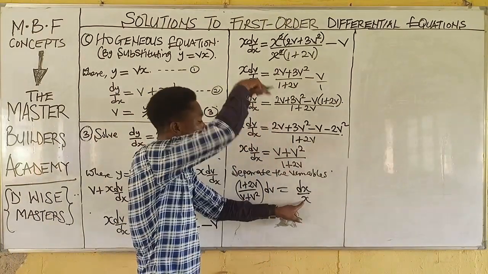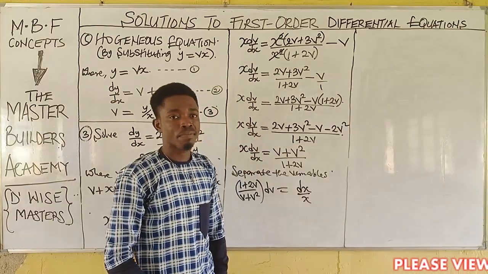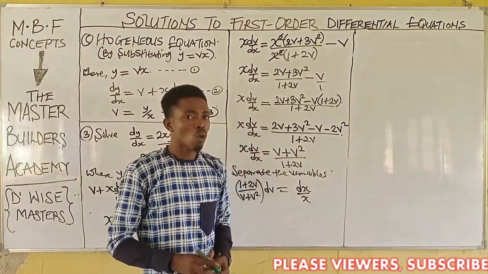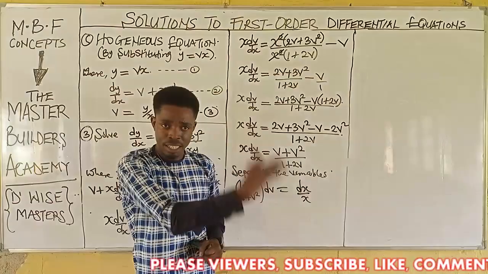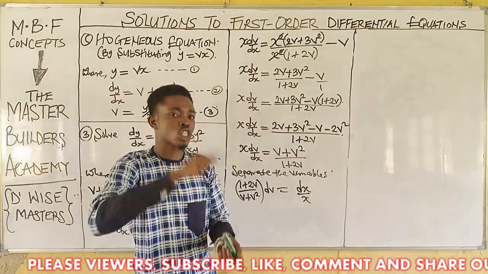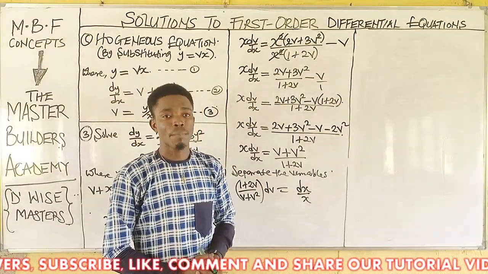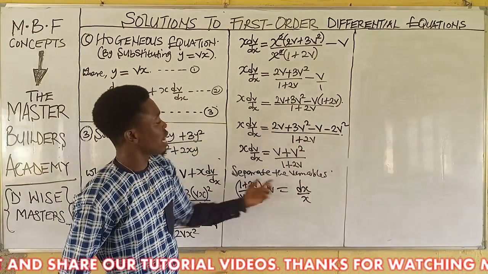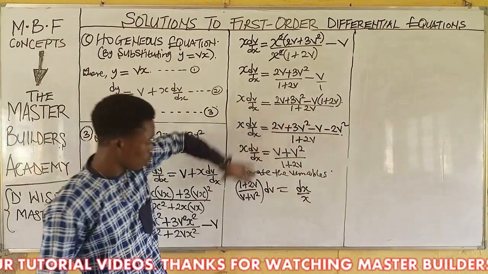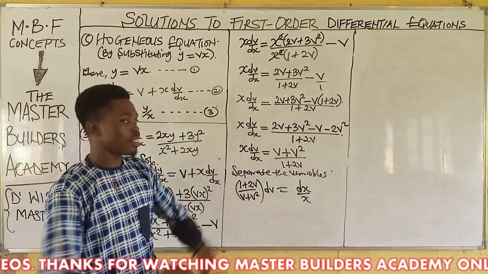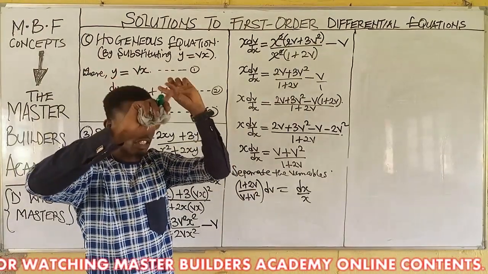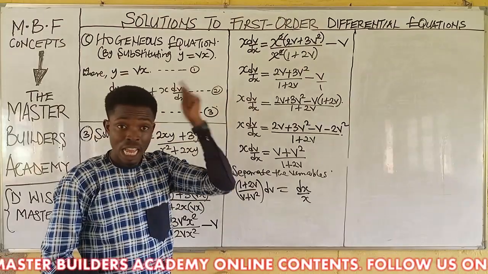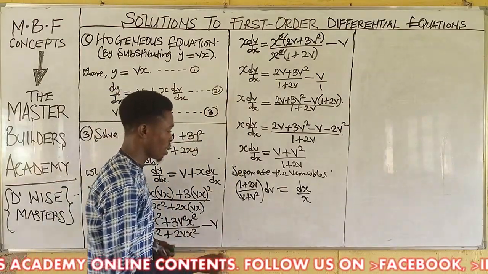What I mean is it will always be dx over x at the right hand side when you have successfully separated v from x. So when you have separated v, denominator here comes to numerator, numerator here comes to denominator here. If you understand this, then you can also ignore the methods that we used in question 1 and question 2. Now let's get to work.